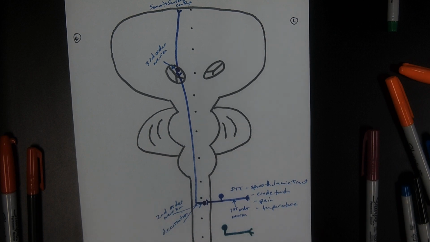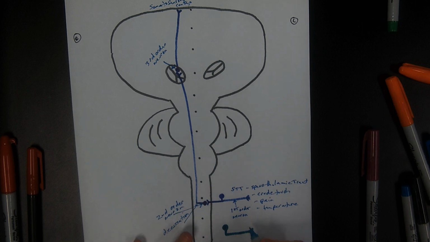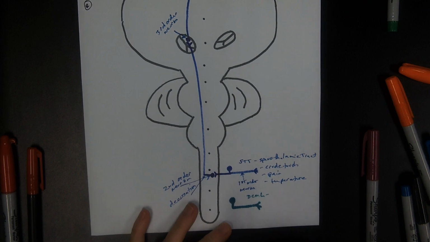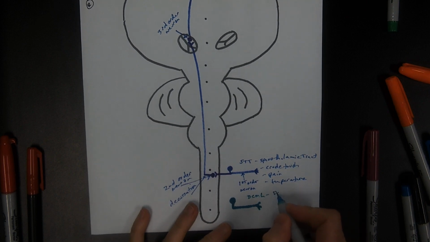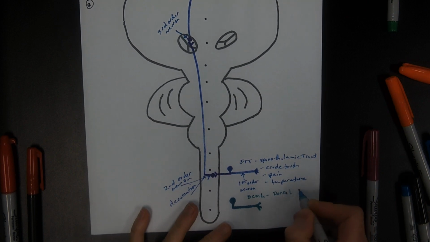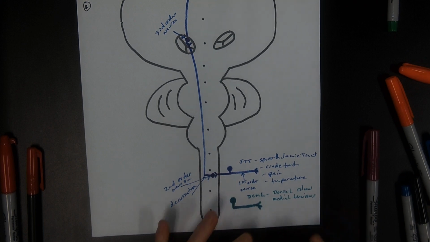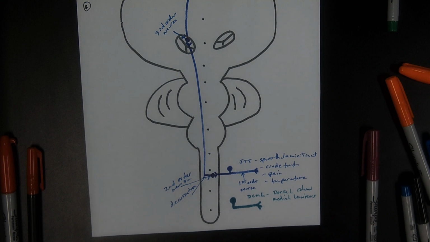And this is going to be DCML, dorsal column medial lemniscus. So I'll write that out now. Okay, so DCML stands for dorsal column medial lemniscus.